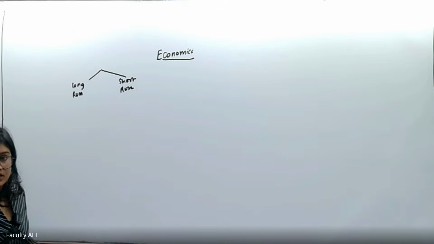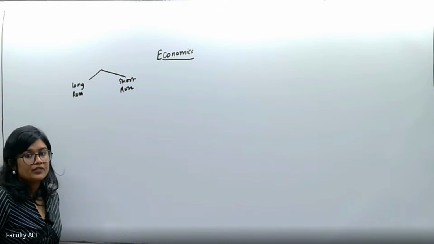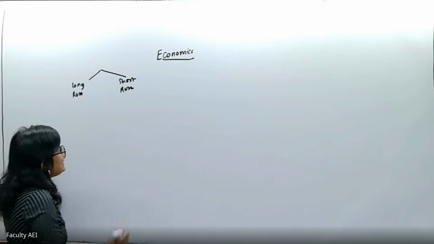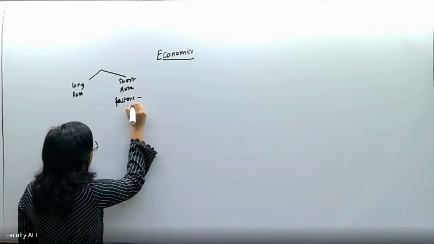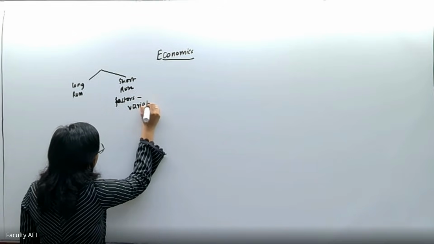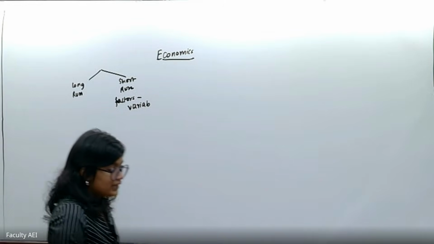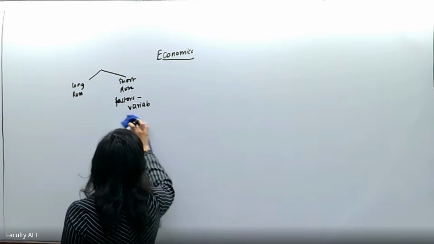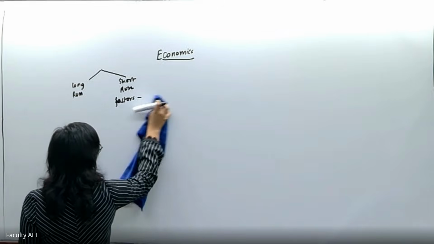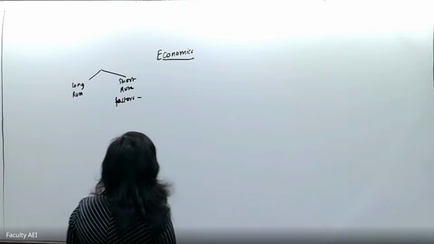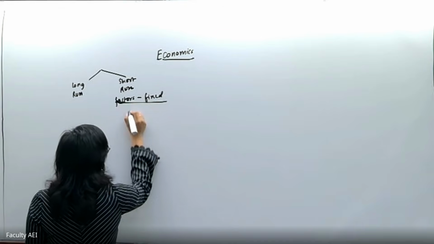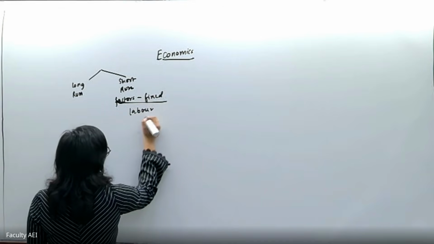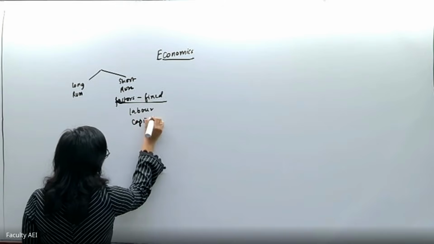Let's come to the short run first. In the short run, at least one of the factors would be fixed. Let's say we have labor and capital.